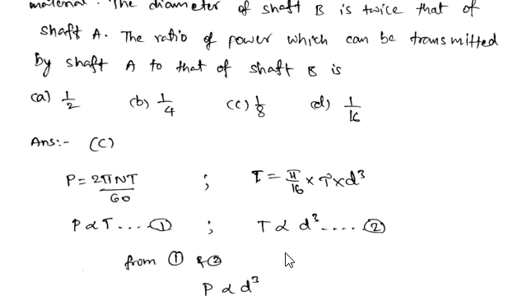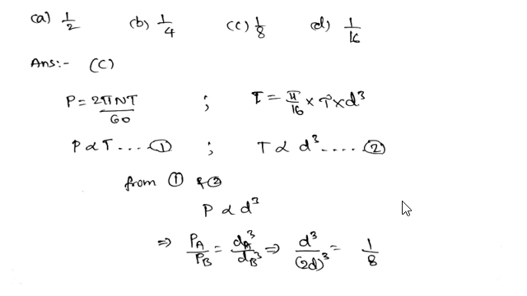So from 1 and 2 we can write that power is directly proportional to diameter cube. For shafts A and B, power by shaft A to power by shaft B is diameter cube of shaft A to diameter cube of shaft B. That equation we can write from these initial steps.